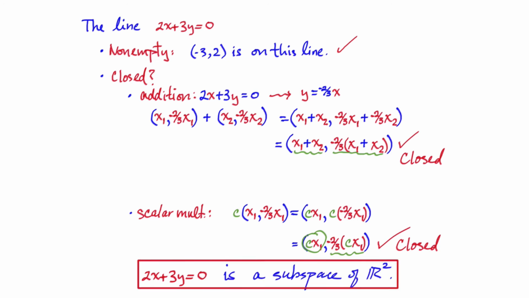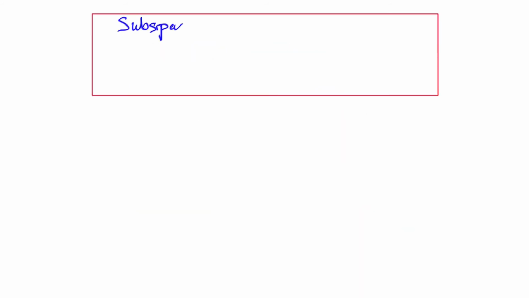The equation is very similar to the equation of the other line. The only difference was that number on the right side. So let's look at all the subspaces of R2. It turns out the only subspaces of R2 are the trivial subspace, the set that just contains the origin, the point 0, 0.